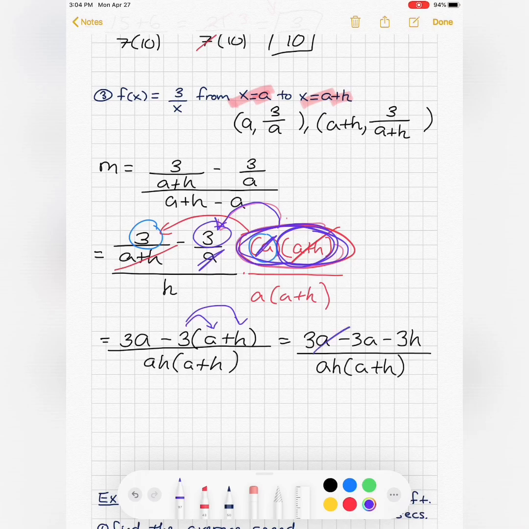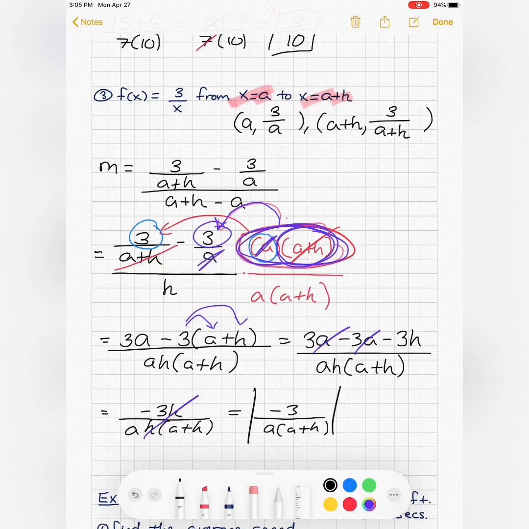Okay, then these cancel. So it's -3 over a plus h.